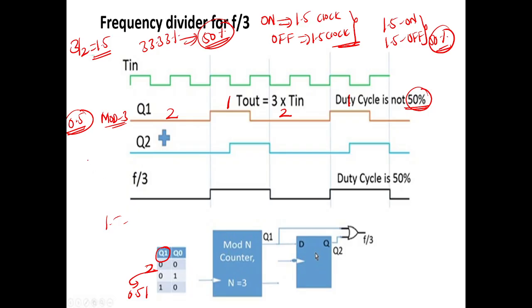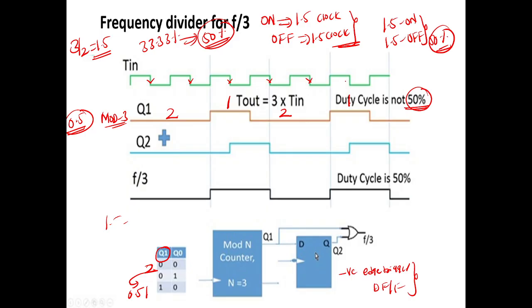Negative edge trigger D flip flop. Here the clock is negative edge trigger. Okay, negative edge trigger D flip flop means, here you see, Q1 is given. This is the negative edge trigger.